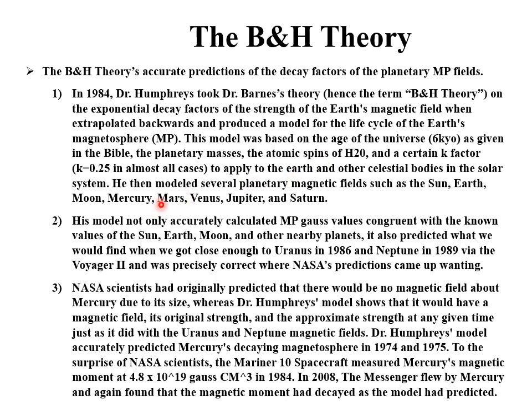All right. He then modeled several planetary magnetic fields, such as the Sun, the Earth, the Moon, Mercury, Mars, Venus, Jupiter, and Saturn. His model not only accurately calculated the magnetosphere Gauss values congruent with the known values of the Sun, the Earth, the Moon, and other nearby planets, it also predicted what we would find when we got close enough to Uranus in 1986 and Neptune in 1989 via Voyager 2, and he was precisely correct where NASA's predictions came up wanting.